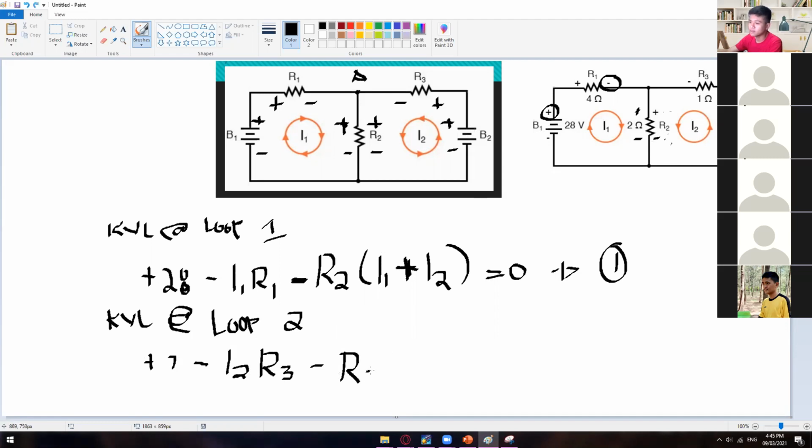And then again, we have a current that is flowing on this side and then another current that is flowing on this side. So we have to consider those currents that are affecting that component. So in here, we'll have I1 plus I sub 2, since they have the same flow of current, equal to 0. So this is now your equation number 2.